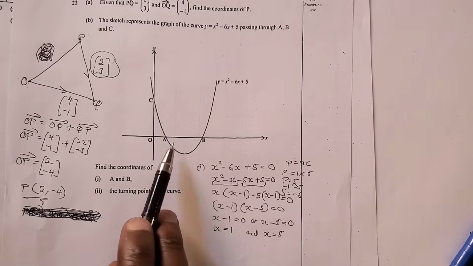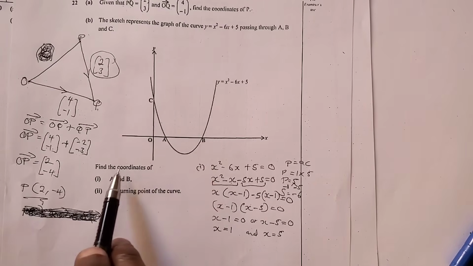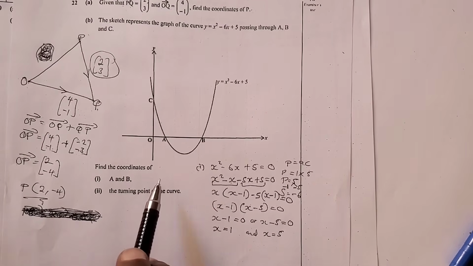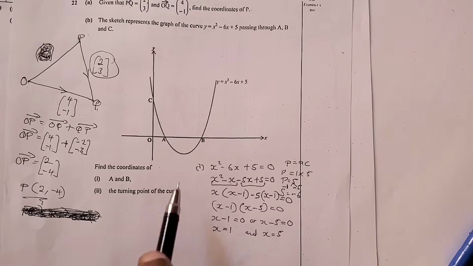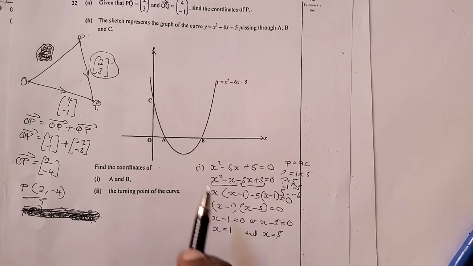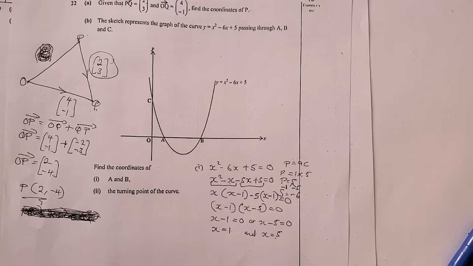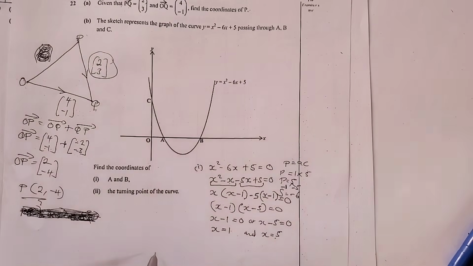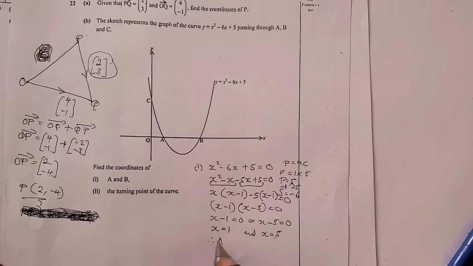Now, we are not asked to find the x part. We are asked to find the coordinates. Am I right? So, this is 1 and this is 5. Between A and B, which one is 1 and which one is 5? A is 1 and B is 5. So, therefore, A is 1, 0.